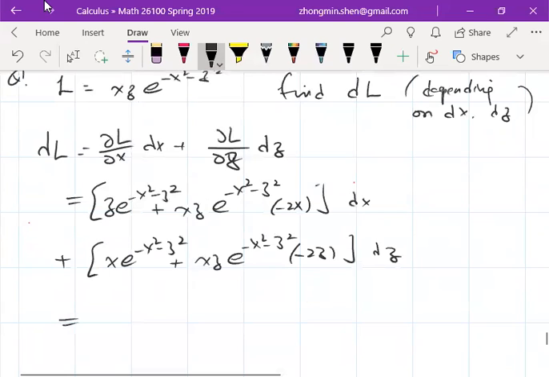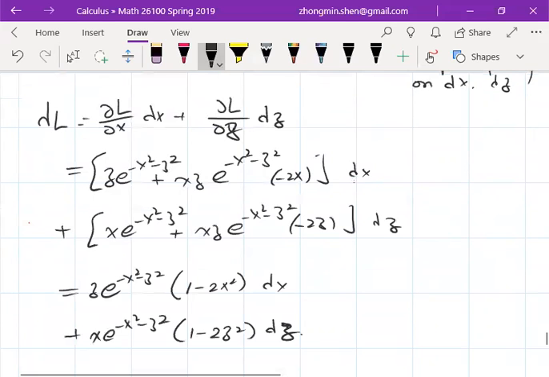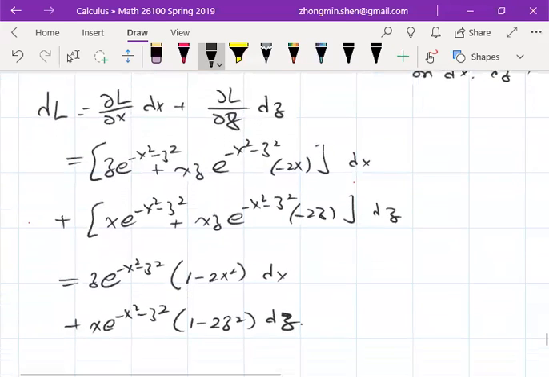In the first one, I can take z e to the negative x squared minus z squared out, leaving 1 minus 2x squared, and dx. Similarly, it's 1 minus 2z squared, dz. So this is dL. That's it.